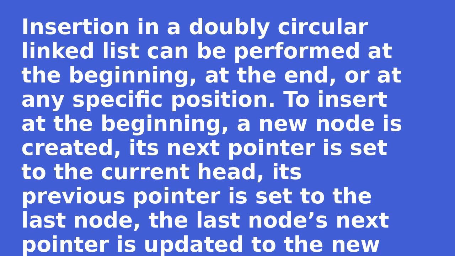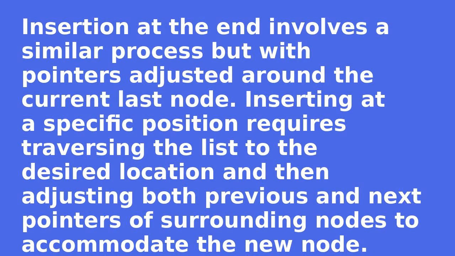Finally, head is updated to this new node. Insertion at the end involves a similar process but with pointers adjusted around the current last node. Inserting at a specific position requires traversing the list to the desired location and then adjusting both previous and next pointers of surrounding nodes to accommodate the new node.